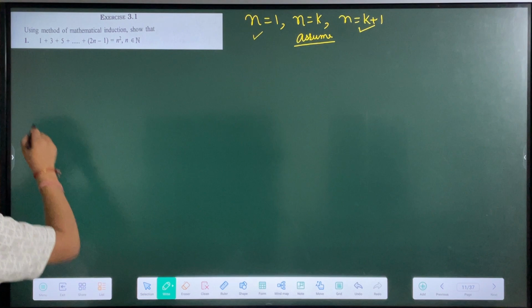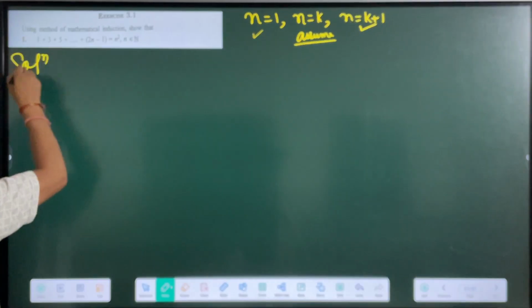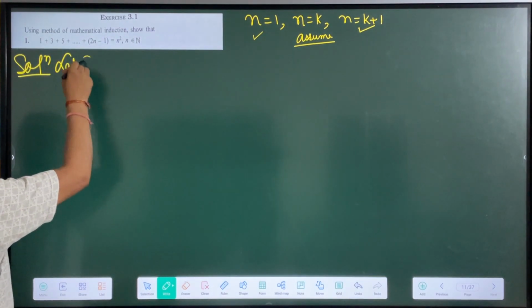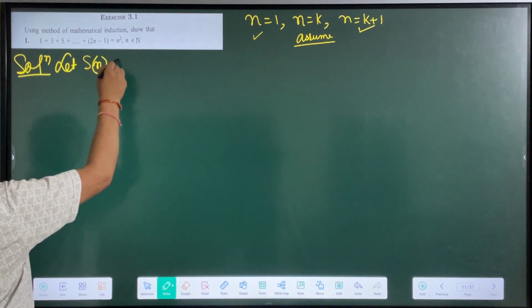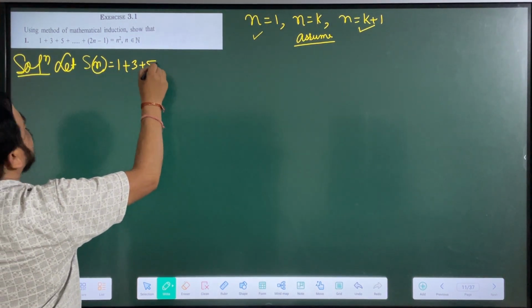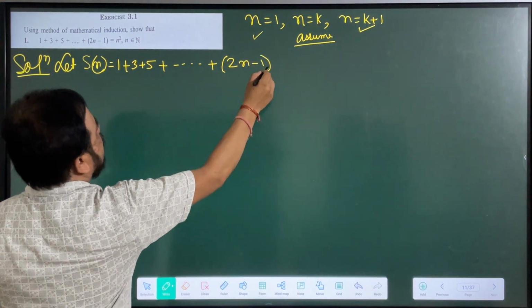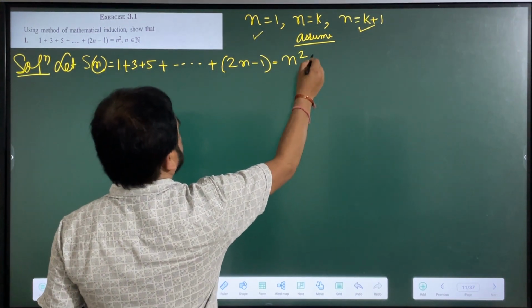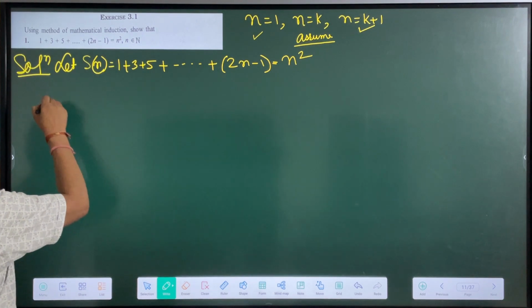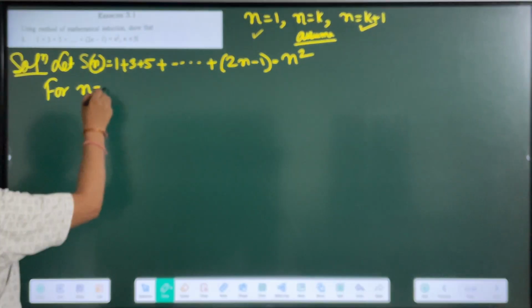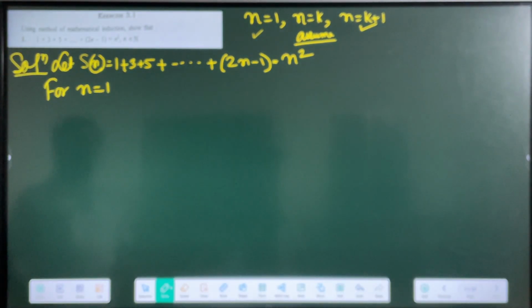So first part, solution. Let Sn equals 1 plus 3 plus 5 plus ... plus 2n minus 1 equals n square. Now for n equals 1, first part, we have to start from n equals 1.